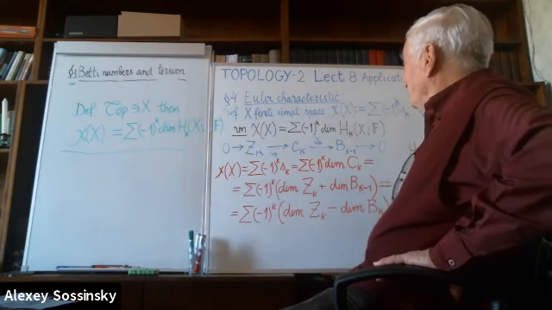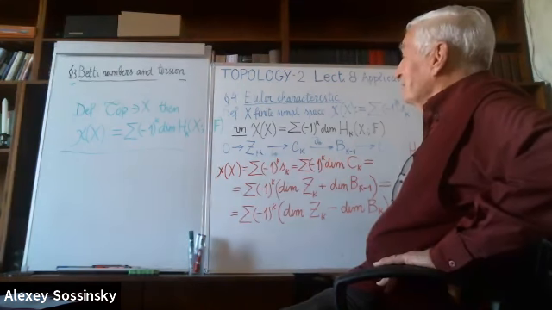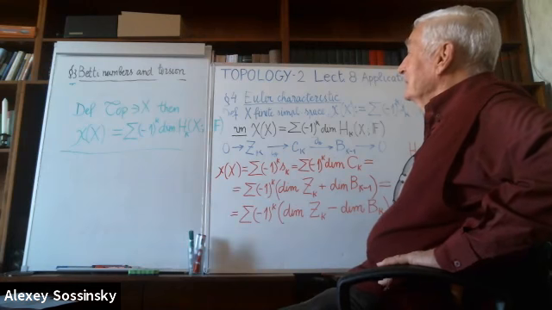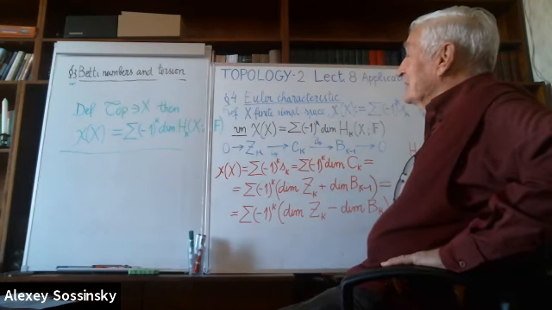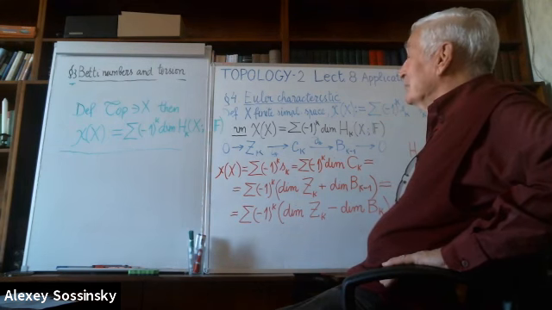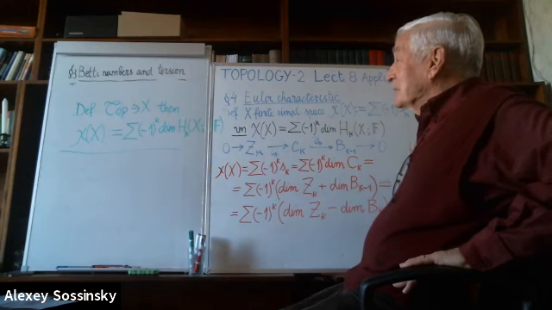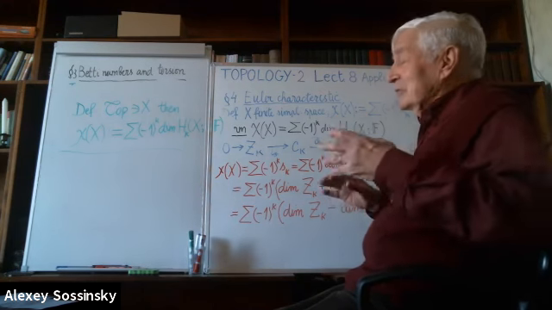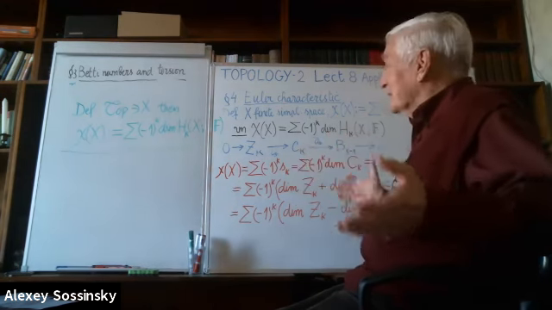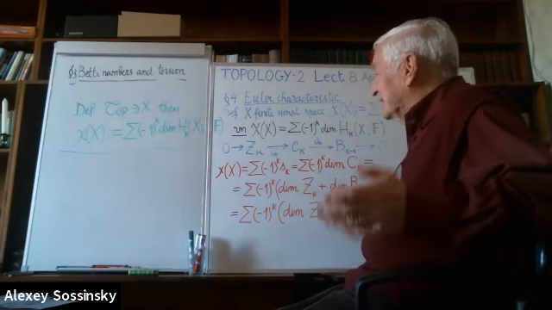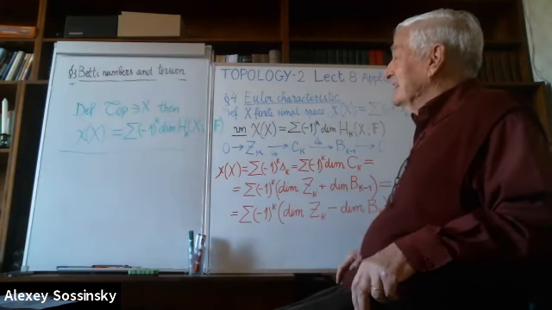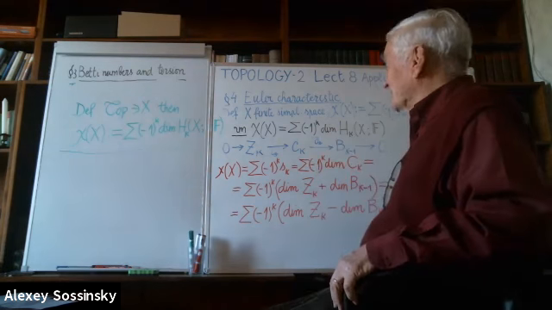So we now have this very amusing situation in which an arbitrary topological space, which in no way consists of triangles, nevertheless has an Euler characteristic.